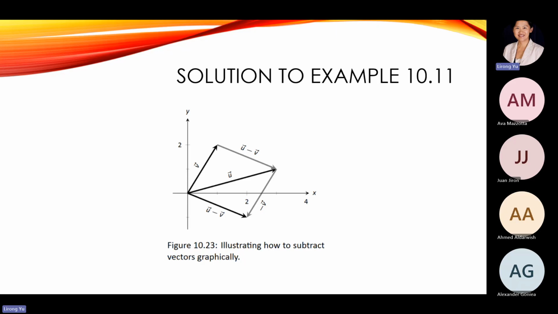So u minus v will start from the terminal point of v and end at the terminal point of u. That's u minus v. So we have formed a triangle, again using the triangle method, to do subtraction of vectors. Summation is head to toe, but subtraction of vectors is toe to toe, end to end connection. So we connect the endings of both u and v to create u minus v.